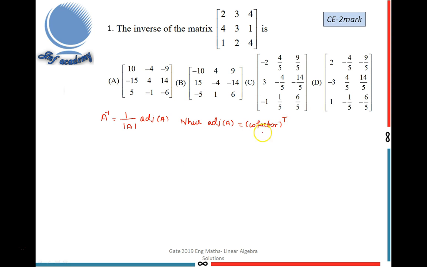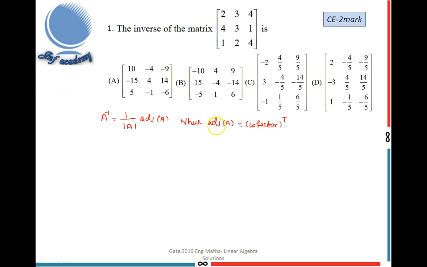Next I explain how to find the cofactor matrix. First find the cofactor of each element and combine all the elements, then you can get the cofactor matrix. Next I explain how to find the cofactor of one element.